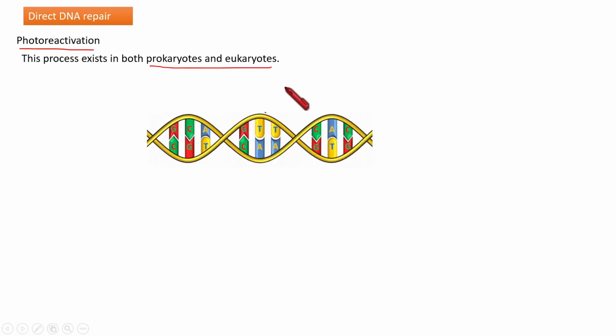And before that, I'm going to show you an intact DNA. Here we can see it's very correct, a perfect DNA. Then how that perfect DNA changed to a damaged one as it got hit by UV photons. So this is the UV photon.